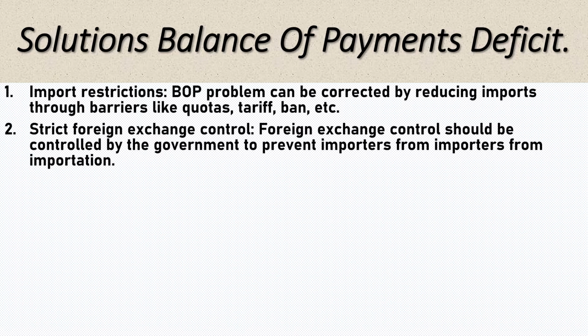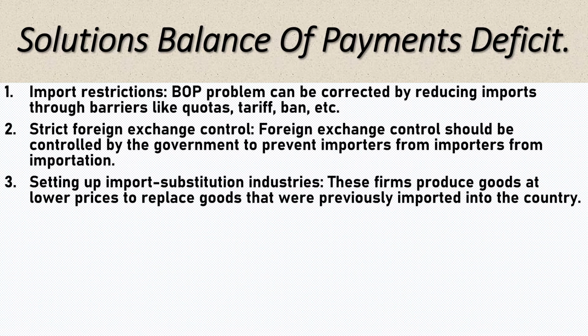Anything that encourages importation brings BOP deficit. Therefore, the government must put in place a strict foreign exchange control to discourage importers and to discourage importation. If this can be done, like I said earlier, BOP deficit will be a thing of history.